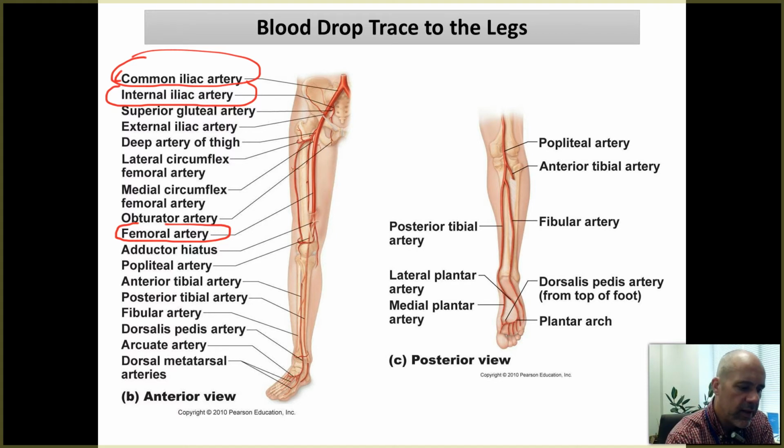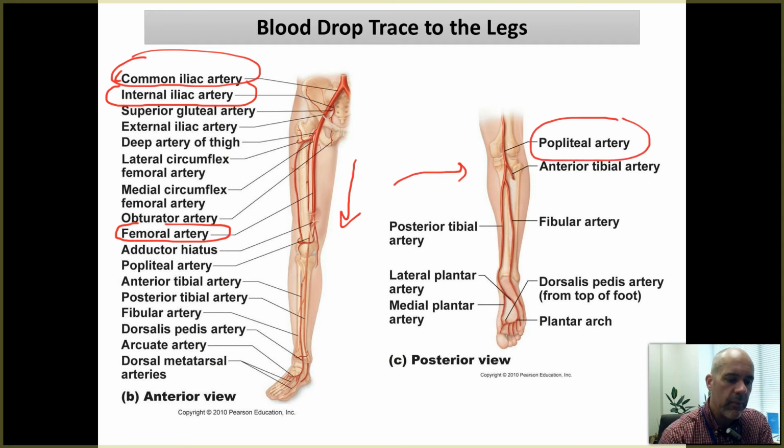And then as you keep going down towards the lower leg, kind of hard to tell in this picture, but the femoral artery passes behind the knee, and so that's what we're taking a look at over here, and becomes the popliteal artery. Okay. The popliteal artery is going to divide up into 3 other ones.